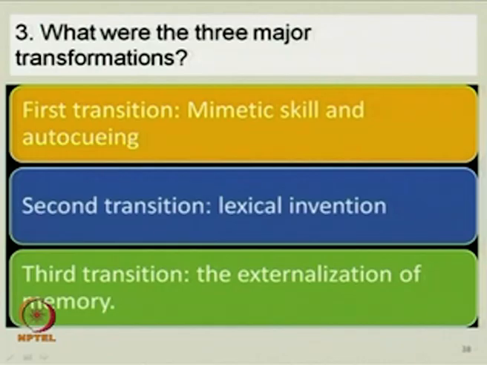It also included a high speed phonological system. Third is, as we saw just a while ago, the externalization of memory, which is a relatively new development. It is the last transitional phase in the development of the modern human mind as compared to the evolutionary mind.